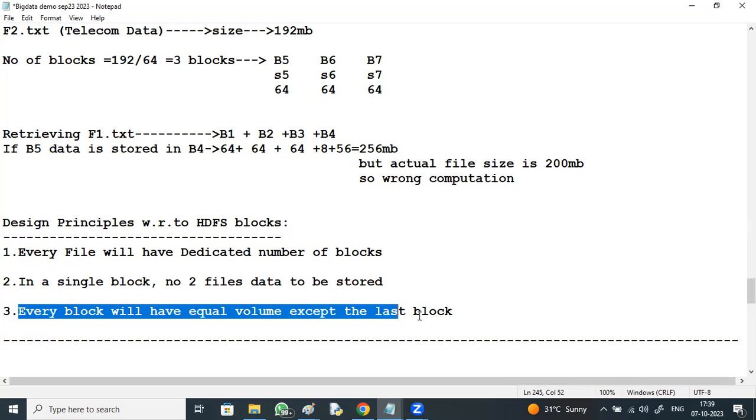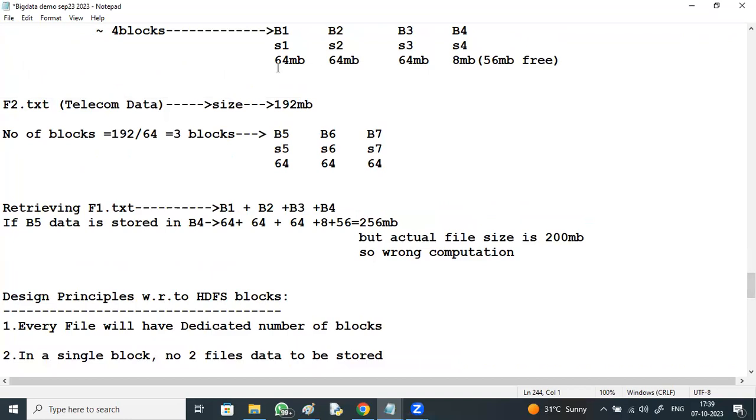Every block will have equal volume except the last block.